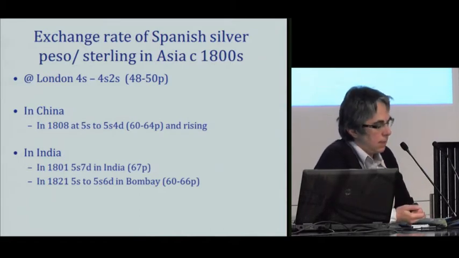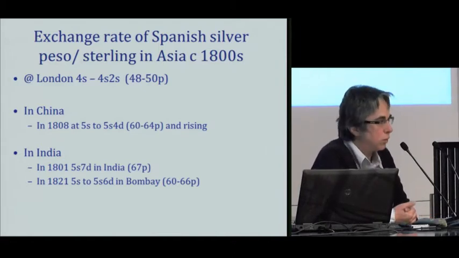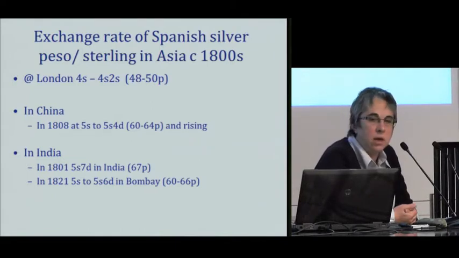Particularly, as London became the financial center and we are walking into the establishment of the gold standard, this silver peso was valued at about 4 shillings or 4 shillings 2 pence in London. Yeah, that's about 50 pence.